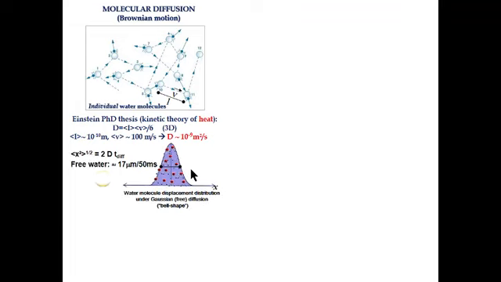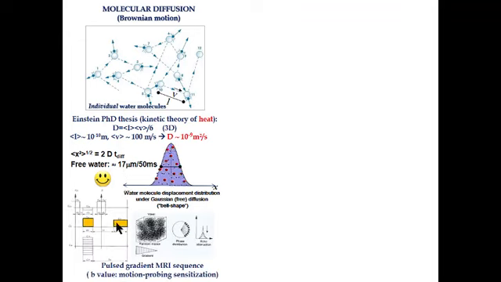This is good for us, because the displacement of the molecules, according to the Einstein relation, is linked to the diffusion coefficient: in 50 milliseconds, water will diffuse over a few micrometers. So it's the right scale to explore the tissue microstructure.